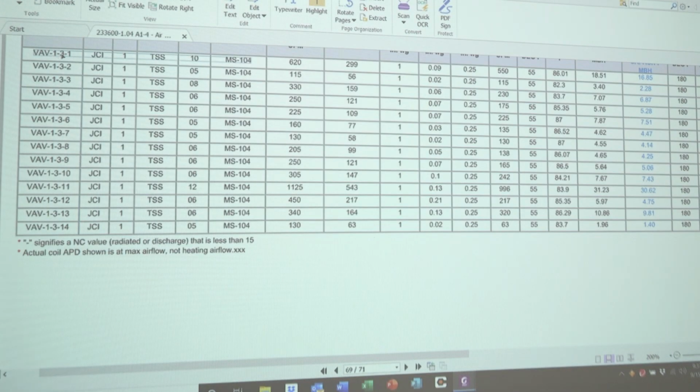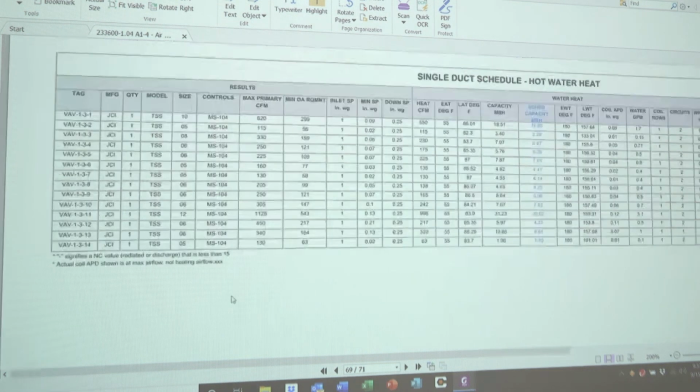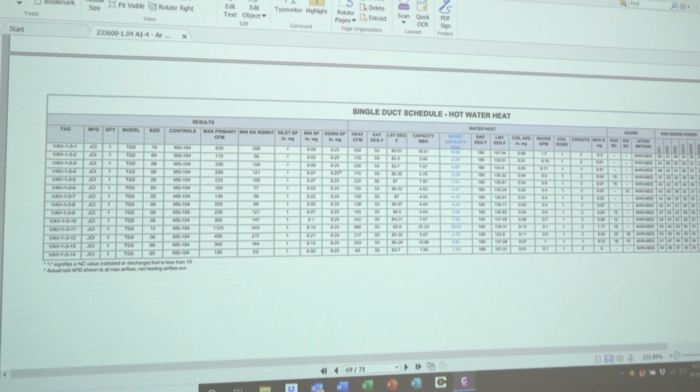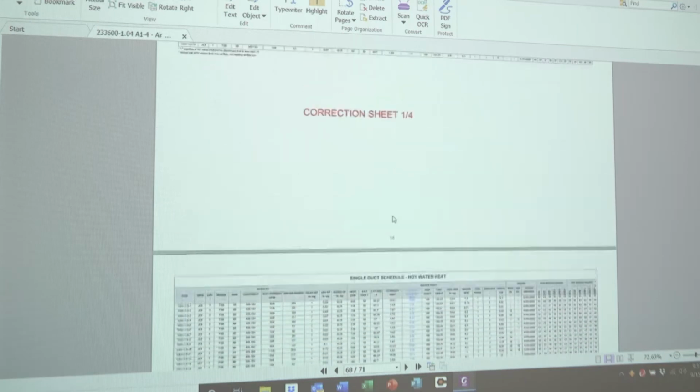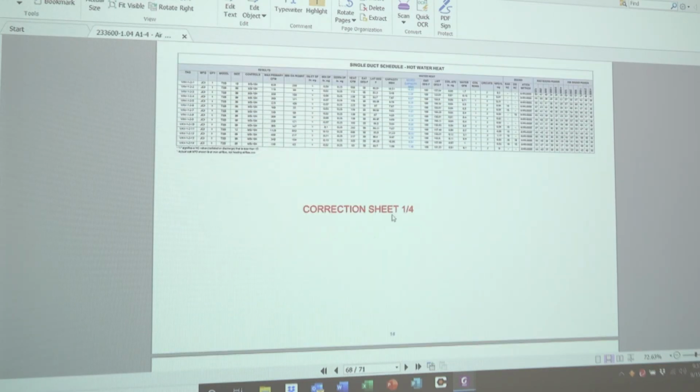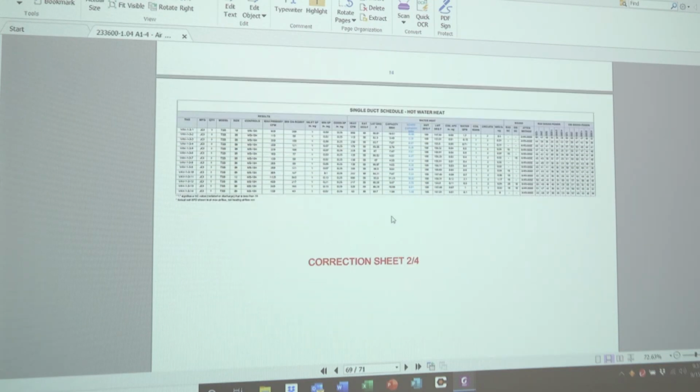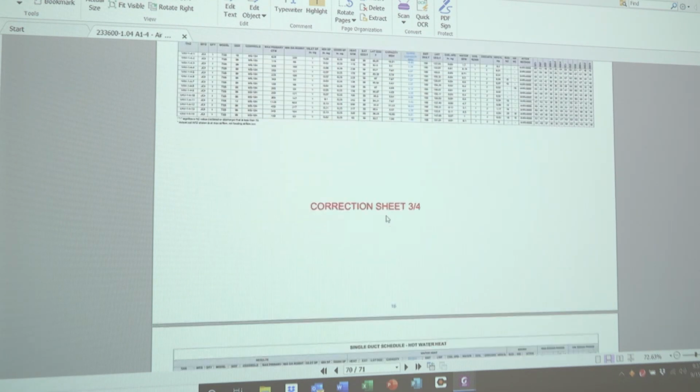Unit number, floor, unique designation per that floor. All the same performance values for each VAV box. So when you look through the submittal data, you'll see that there are multiple pages that talk about the performance for each one.